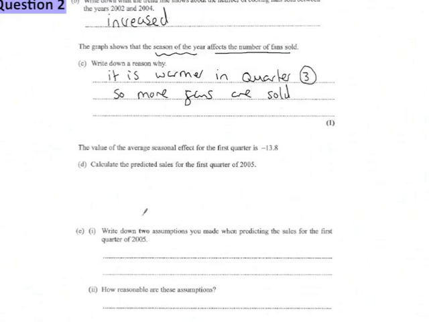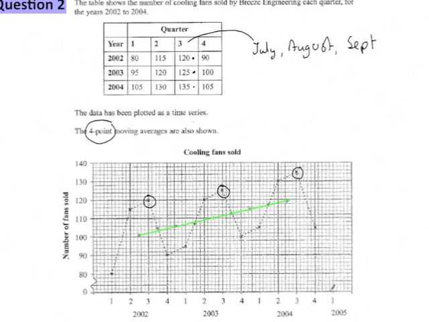We're then told that the value of the average seasonal effect for the first quarter is negative 13.8 and asked to calculate the predicted sales for the first quarter of 2005. So, predicting from the trend line, coming back here, in 2005, we're looking at the first quarter of 2005, which is here.